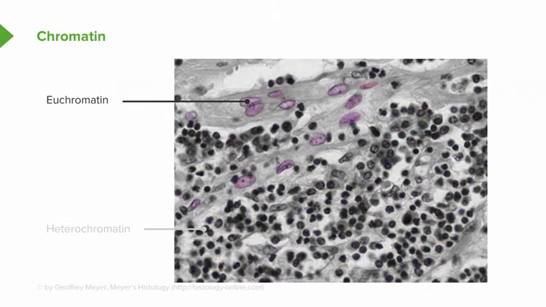But cast your eye up to the top area of the image and you can see some rather larger nuclei. They're more elongated, they're light staining. So they're depicting more euchromatin, the more dispersed chromatin, the chromatin that indicates that the cell is highly active.